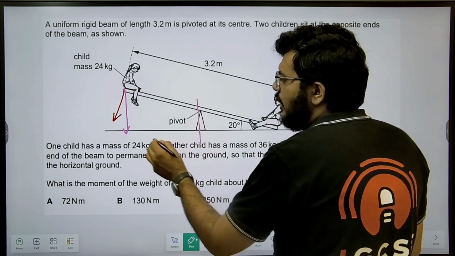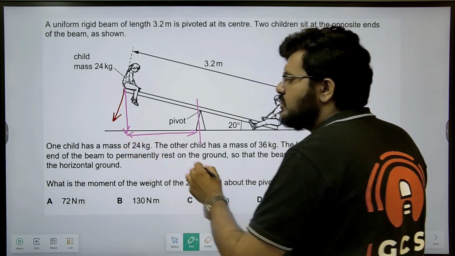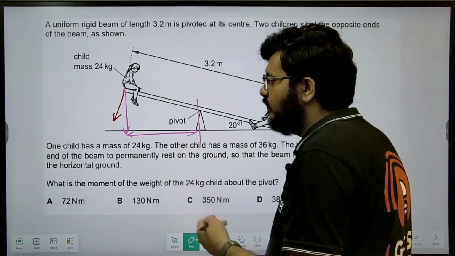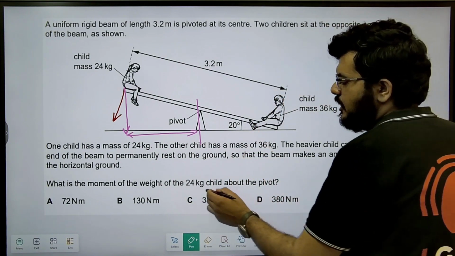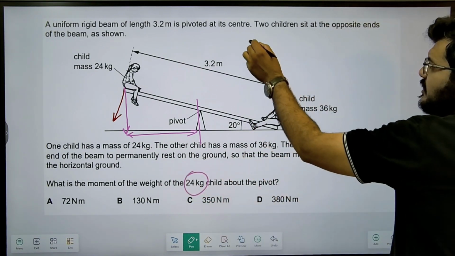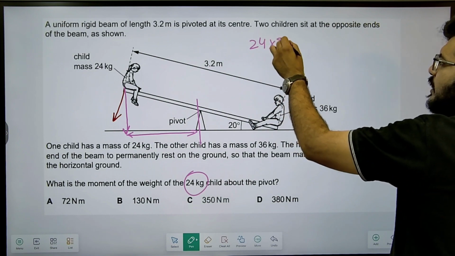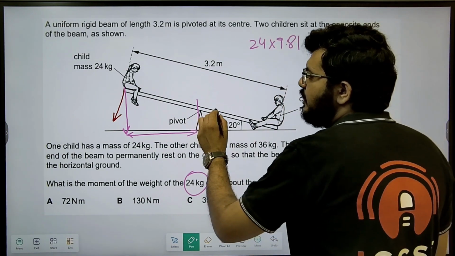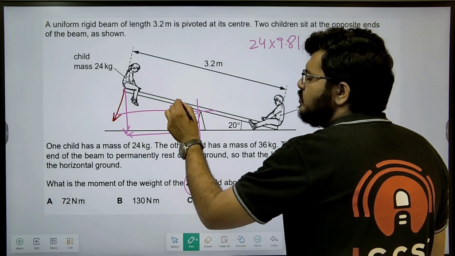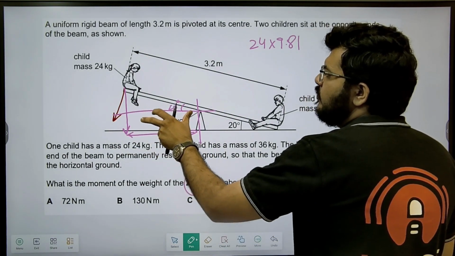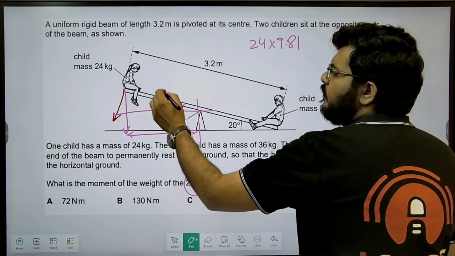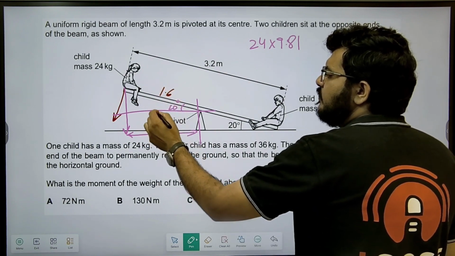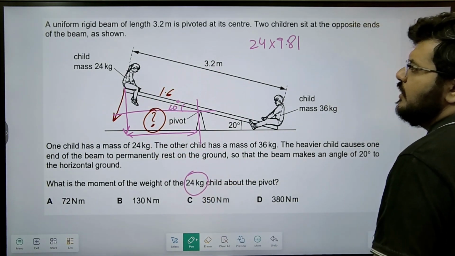Or what I can do, I can find out this much distance and then multiply the weight. We have been given mass, right? So I'll say 24 multiplied by 9.81 is the weight. If this is 20 degree, can I say this is also 20 degree, and can I therefore find this one? If this is 1.6, can I find how much will this be, right?